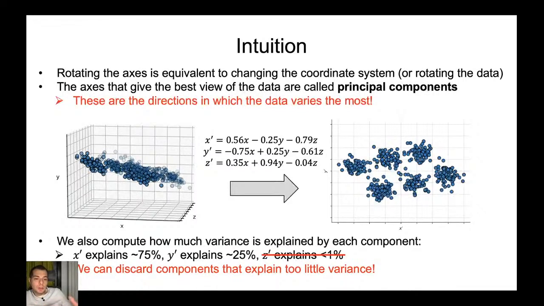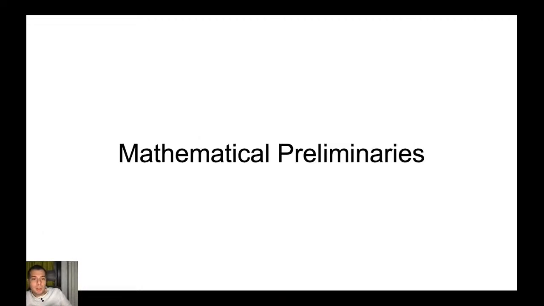So if you go to 100 dimensions, you cannot visualize the data, but the goal is to reduce the dimension and also explain as much of the data as possible. Okay, so this was the intuition.